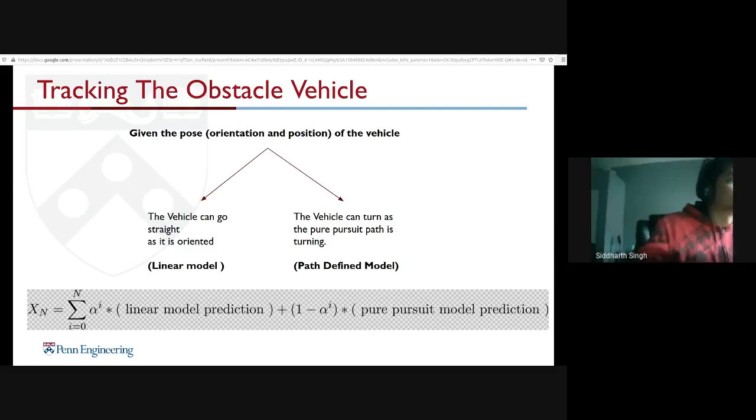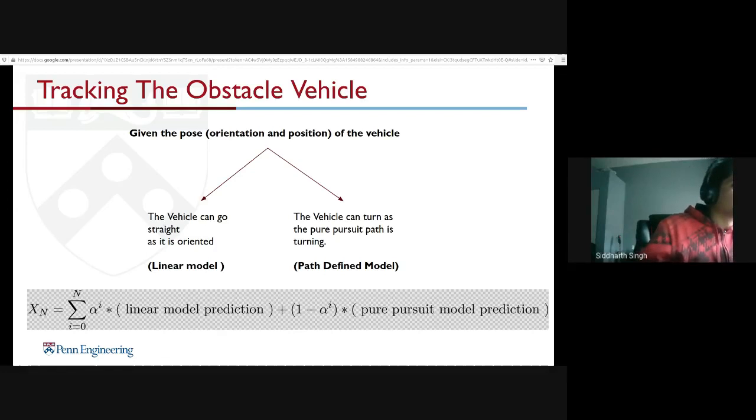So that's the correct one. Does this make sense? So if alpha is a value 0.5, right? And as we go ahead with time, with I increasing from 0 to n, as I increases, alpha will keep decreasing because it's in decimal, right?